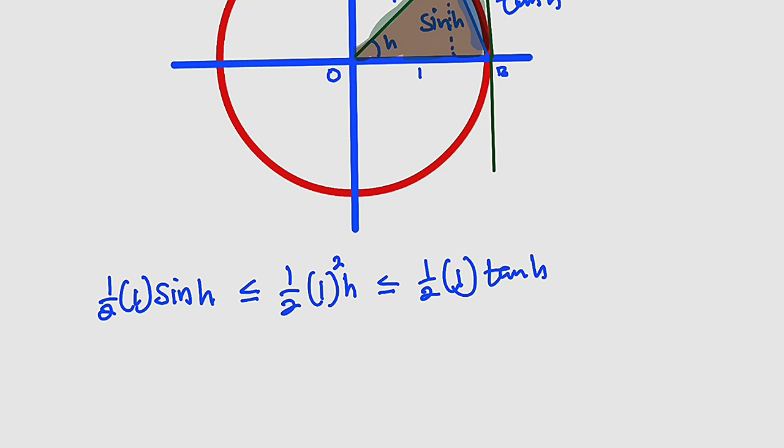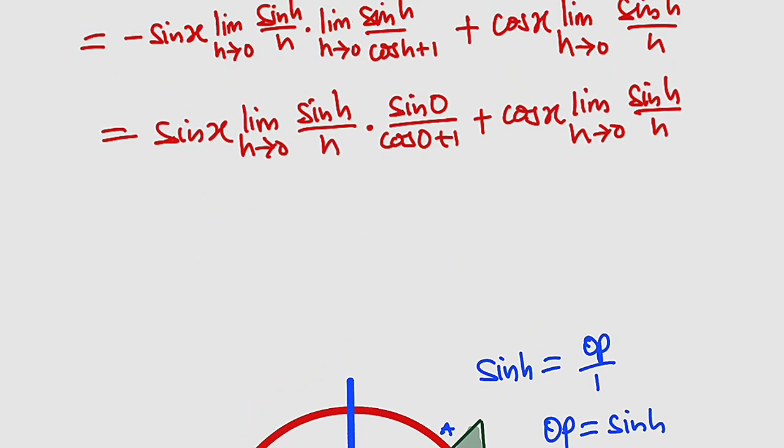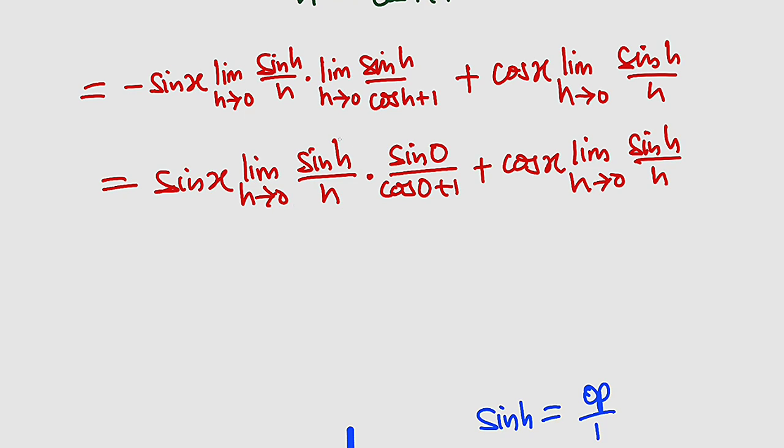So let's simplify everything here. Remember, we are looking for the limit as h approaches 0 of sine h divided by h.